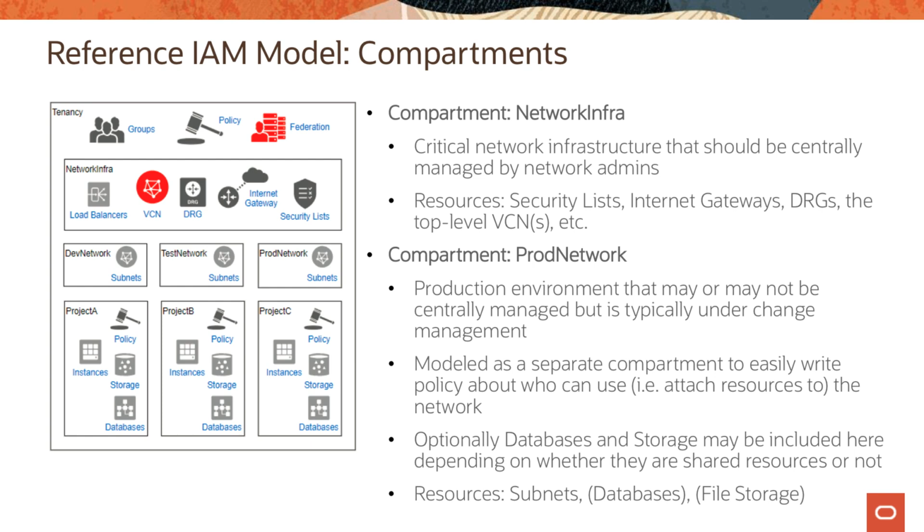And then we have separate compartments for dev test work, and production is treated as a separate compartment because it's under change control, and you want to make sure that only very specific groups of users with very specific policies are able to do things here. You can also launch the production resources, your instances and your databases, etc., in the prod network as well.